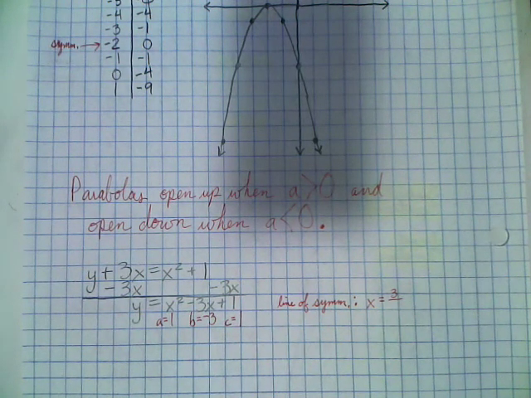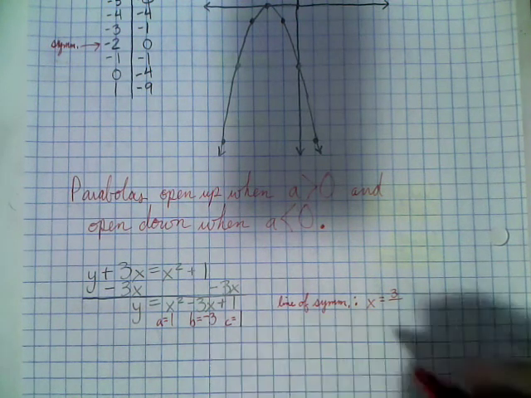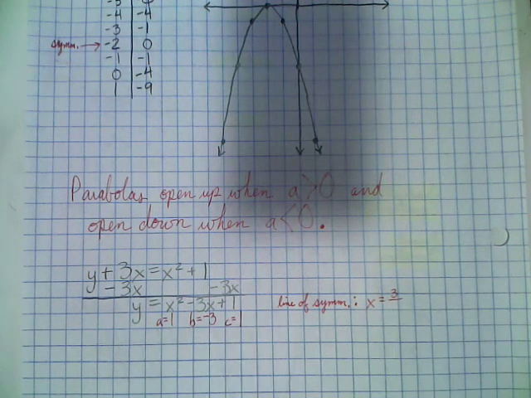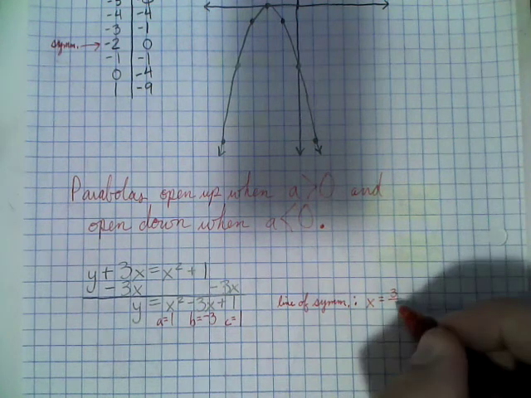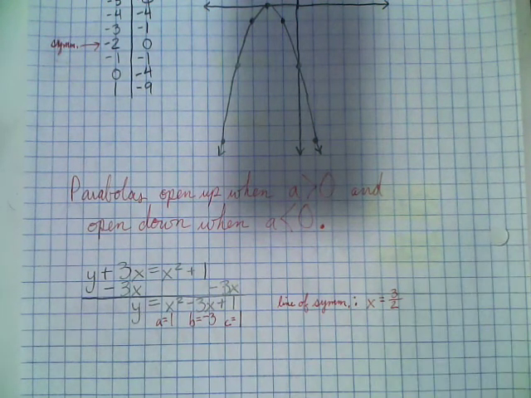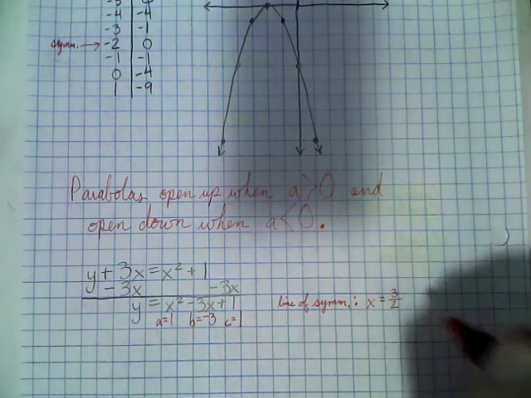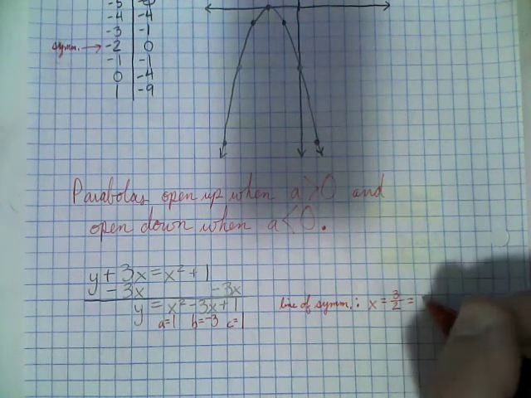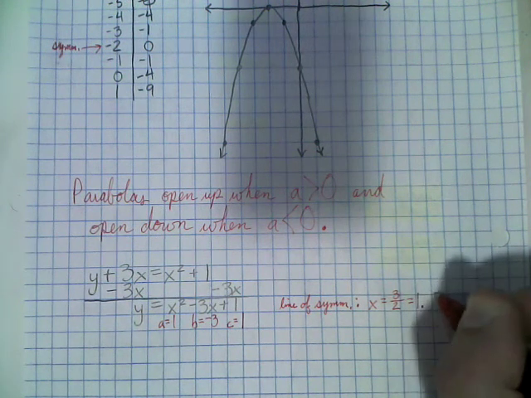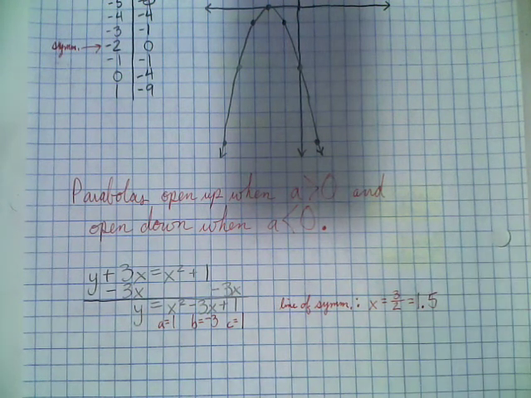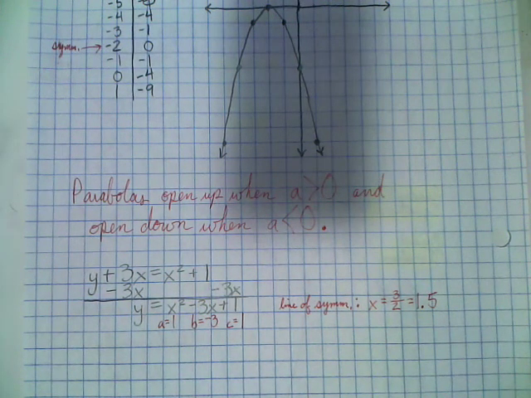So we know it's 3 over 2a. Again, I'm not going to bother writing 2 times 1. We know 2 times 1 is 2. So another way of looking at this is going to go through where x is 1.5. 3 over 2 or 1.5. I'm going to do 1.5 though.